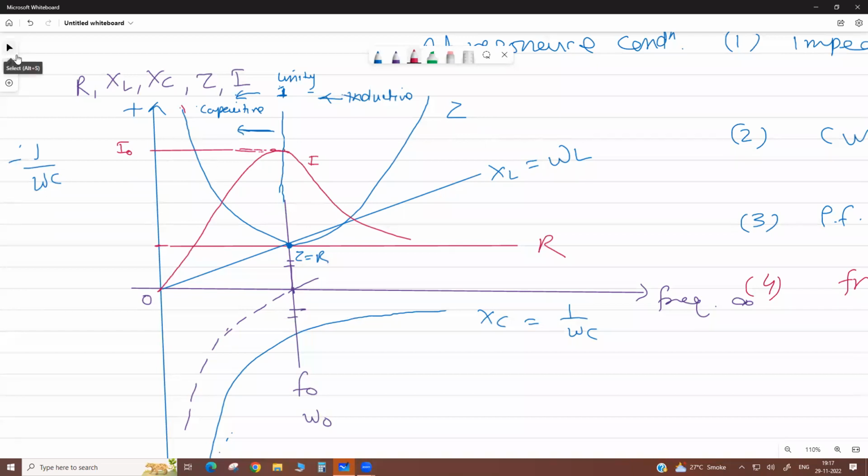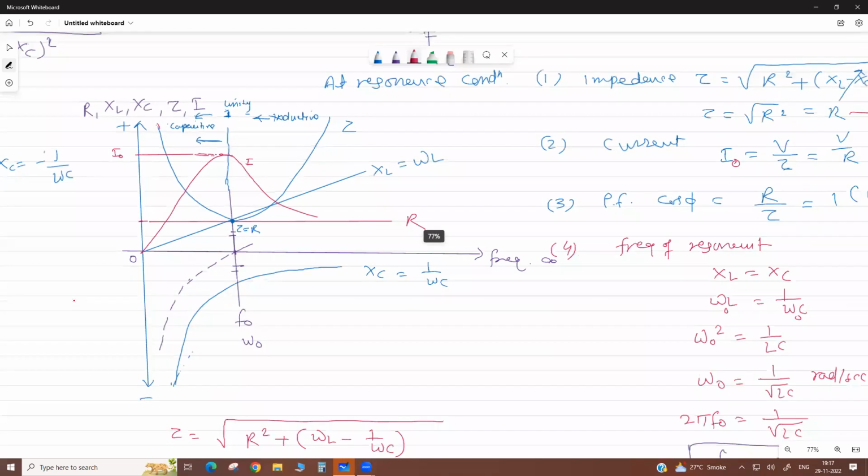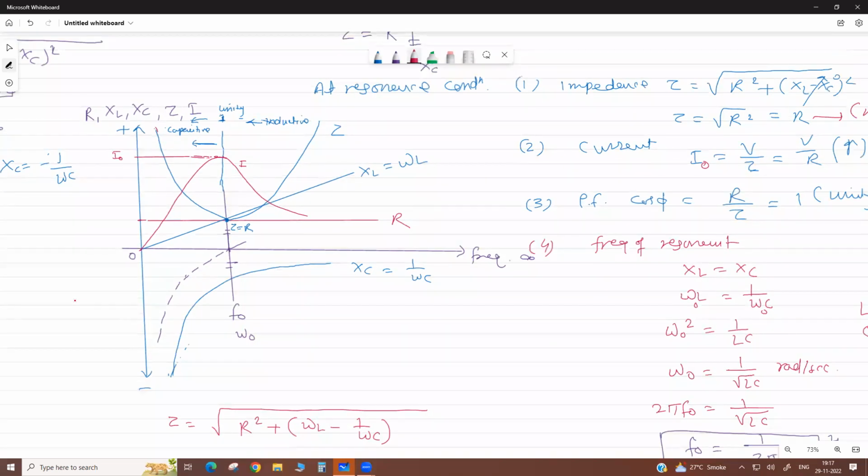So these are the parameter variations for series resonance. In parallel, it is just the opposite. We use susceptance and admittance.